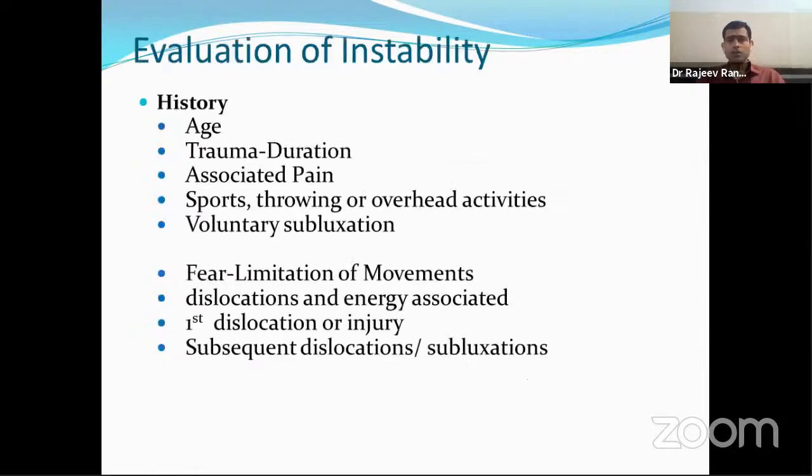So, how do we evaluate a patient of instability? First, we go for the history. The age. Age is the most important factor determining the chances of recurrence of shoulder dislocation.